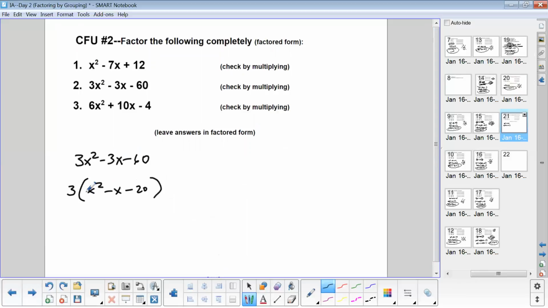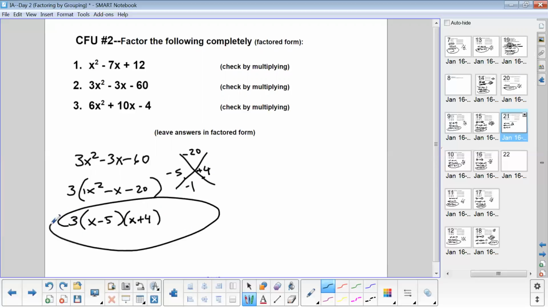And since A is 1, remember what you're thinking: 2 numbers that multiply to give me negative 20 but add to give me negative 1. That would be 5 and 4 multiply to give you 20. Excuse me, this one would be negative, this would be positive. So 3 times x minus 5 times x plus 4. And you're finished.